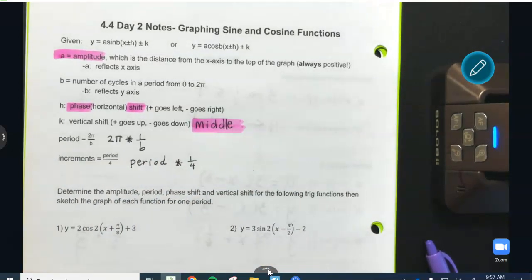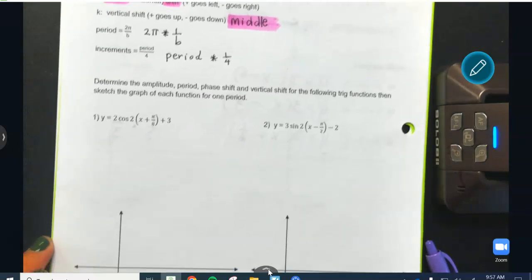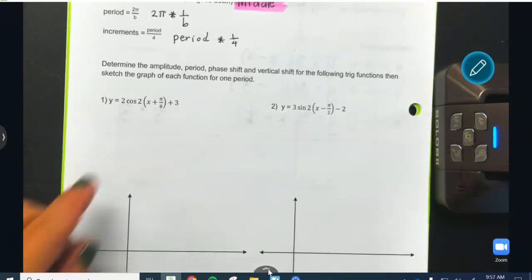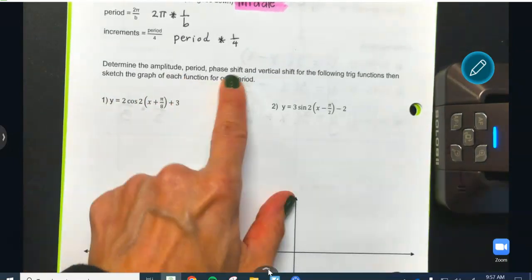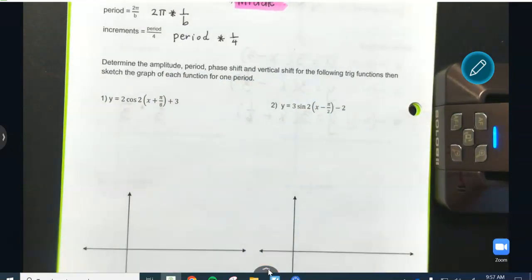All right, let's get started with some horizontal and vertical translations. Determine the amplitude, period, phase shift, and vertical shift for the following trig functions, and sketch the graph of each function for one period. The steps are the same as yesterday.